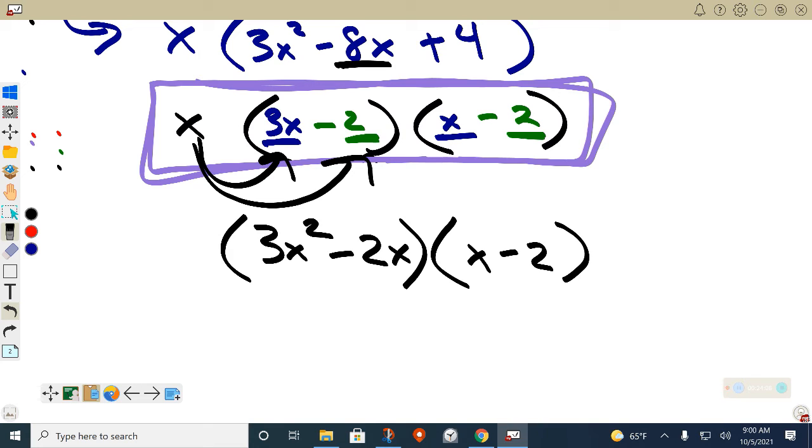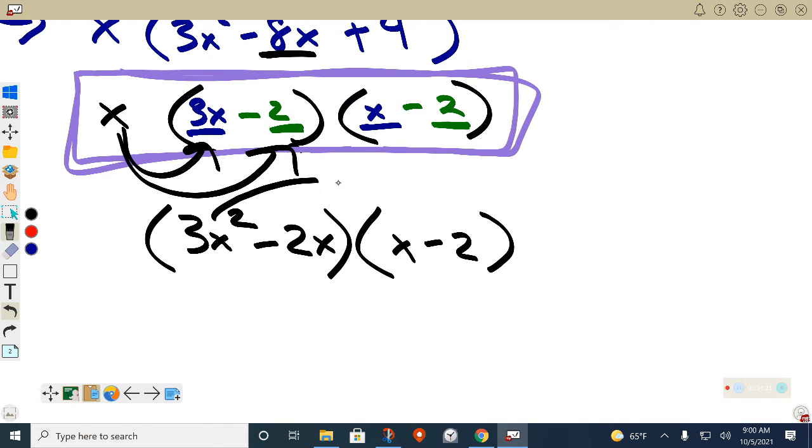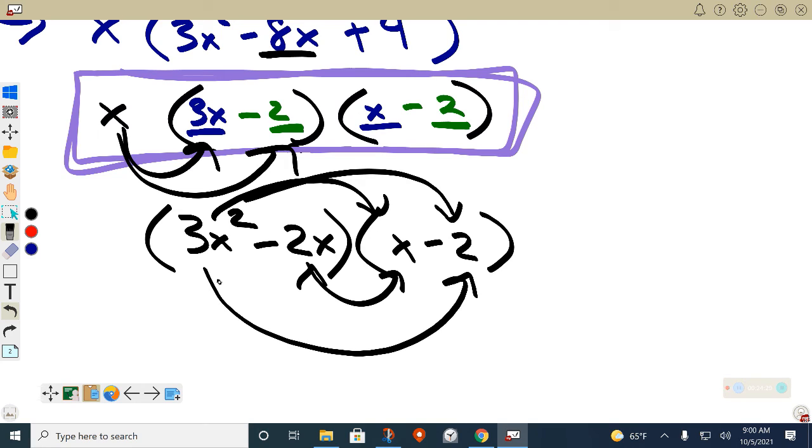Let's multiply now. First, outsides, insides, lasts. Okay. See what happens.